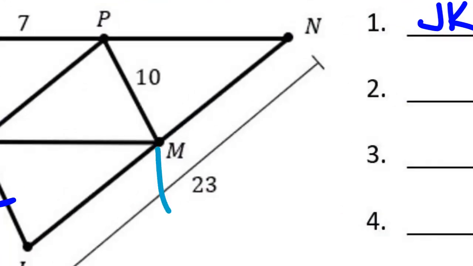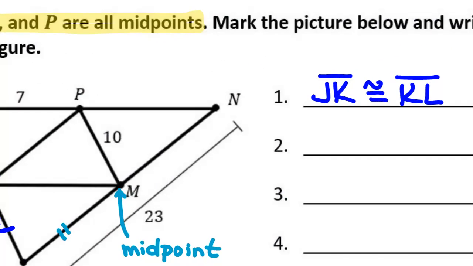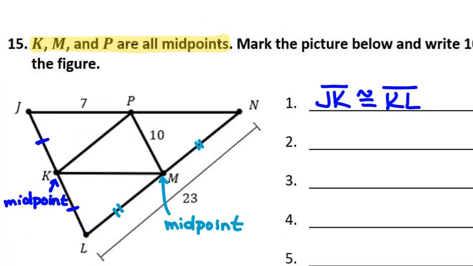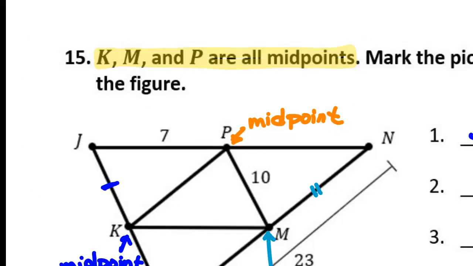Said that M is a midpoint. Which means LM and NM are congruent. And then P is also a midpoint. Which means JP and PN are congruent. I could write all of those pieces down.